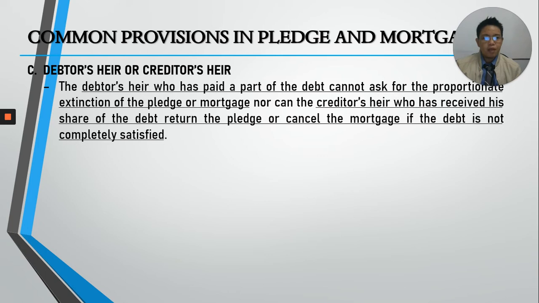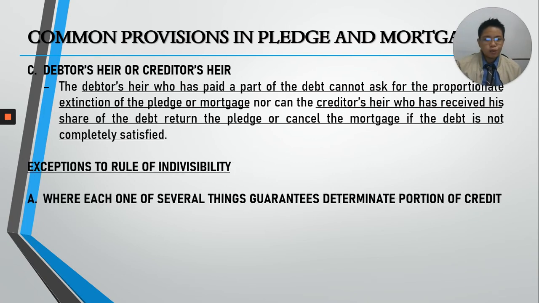Remember here that heir number 1 cannot cancel the entire mortgage kasi nga indivisible yan. So, kailan lang pwedeng i-cancel? Pagka si debtor, nabayaran na rin niya yung portion owing to heir number 2 before the entire mortgage will be extinguished or released. So yun ang tandaan natin dyan sa rules in case of heirs of debtors and creditors.